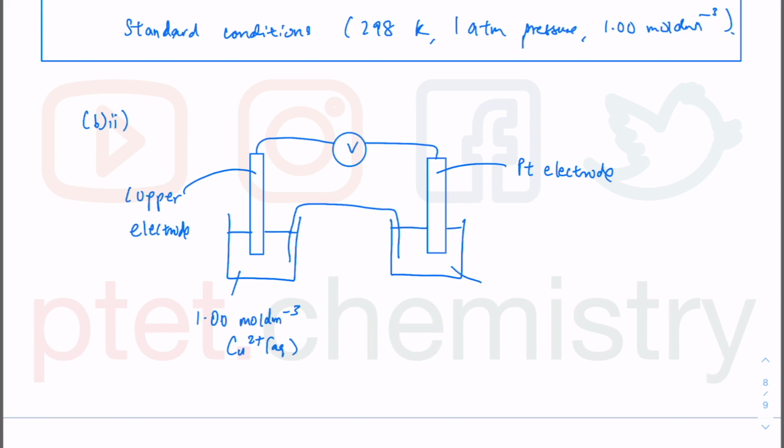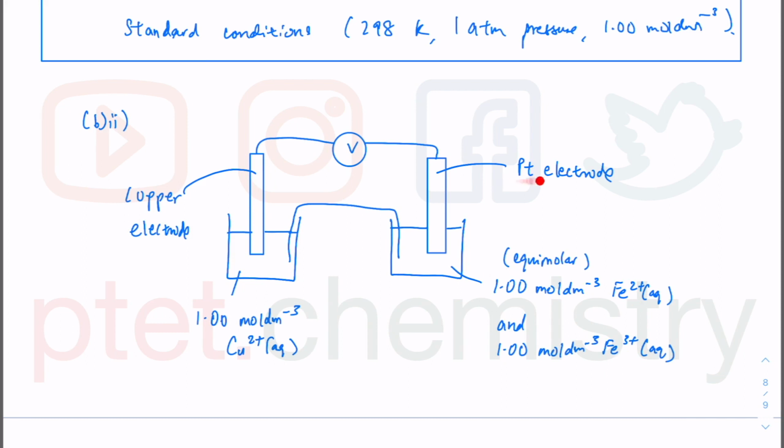And then this is a metal ion and metal ion, so I have 1.00 mole per dm cube Fe2+ aqueous, and also 1.00 mole per dm cube Fe3+ aqueous, and this is equimolar after all. Okay, so this is a metal ion and metal ion case study, so I need a platinum electrode.